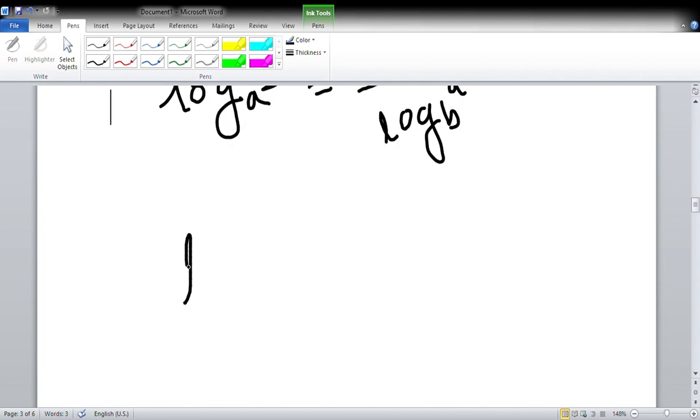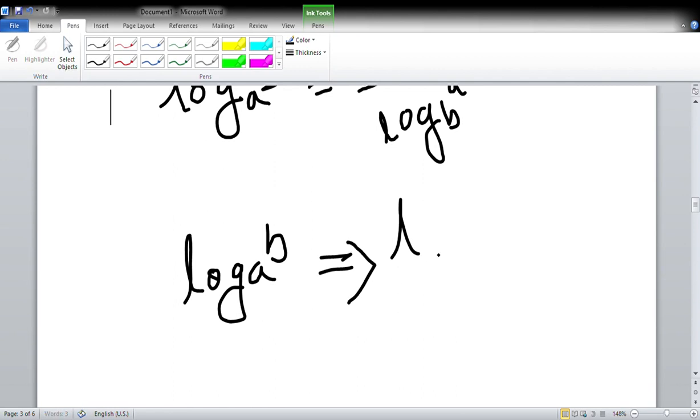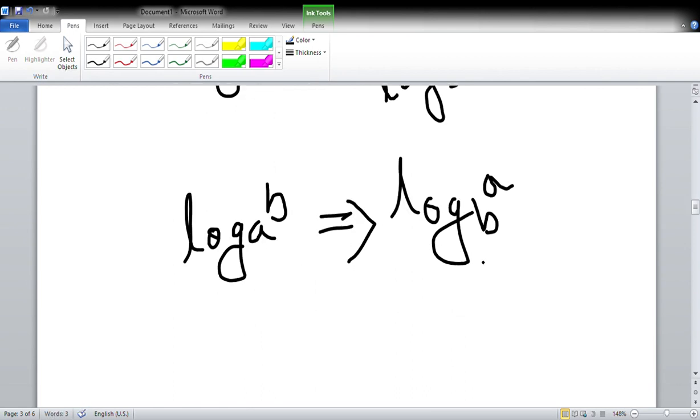If there is a log b with the base a, and you want to change it to log a with the base b, that means the base and number will be changing. So how?